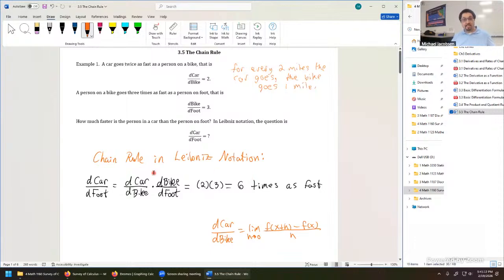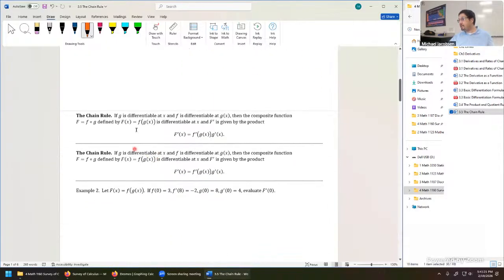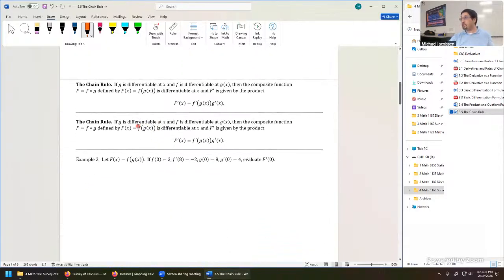The big takeaway is the derivatives multiply in this kind of way. And that's what's going on the page right over here. If you're doing a function composition, you'll have an inner function, g of x, and an outer function, f of x, and you differentiate this composition. You'll take the derivative of f, that's like the person in the car.